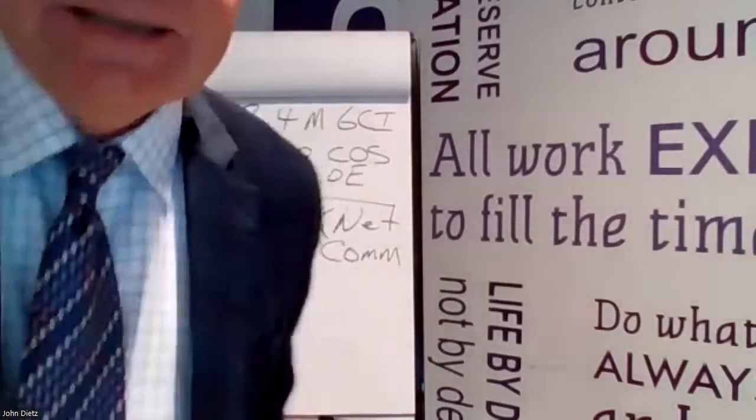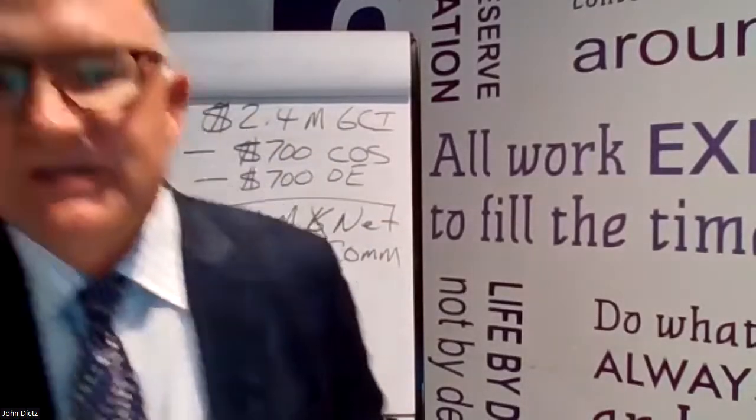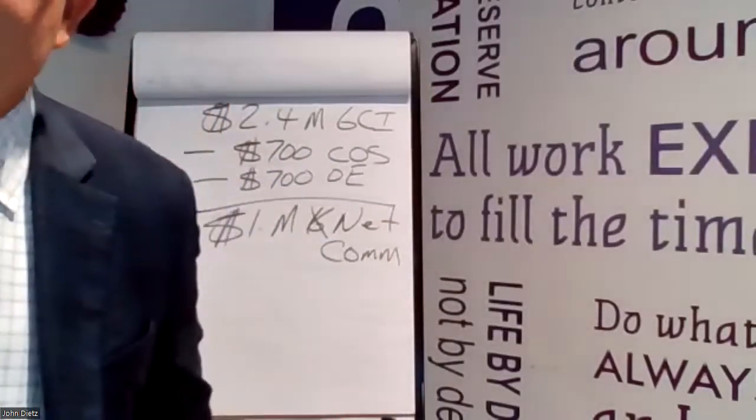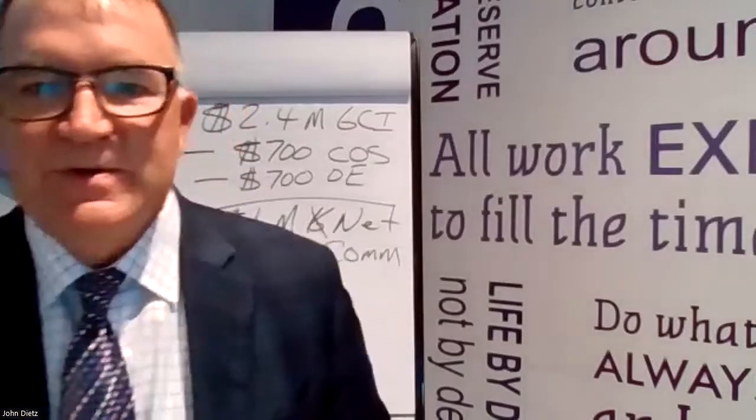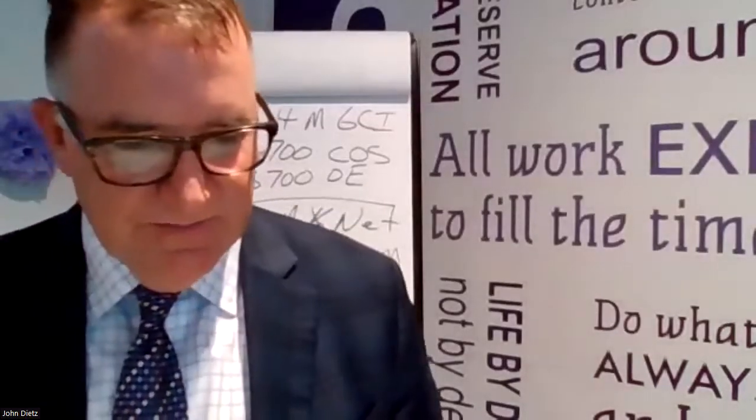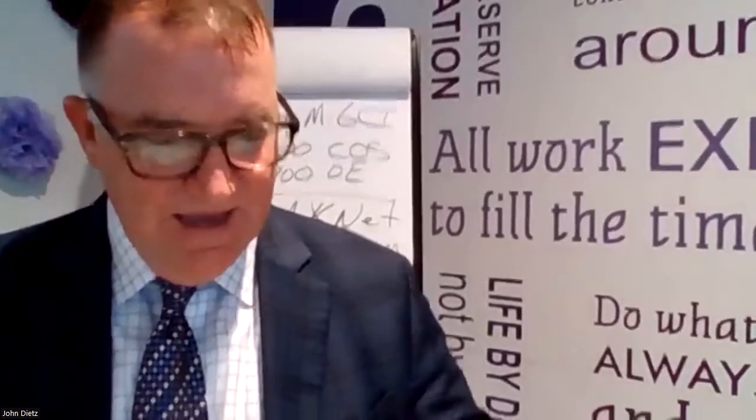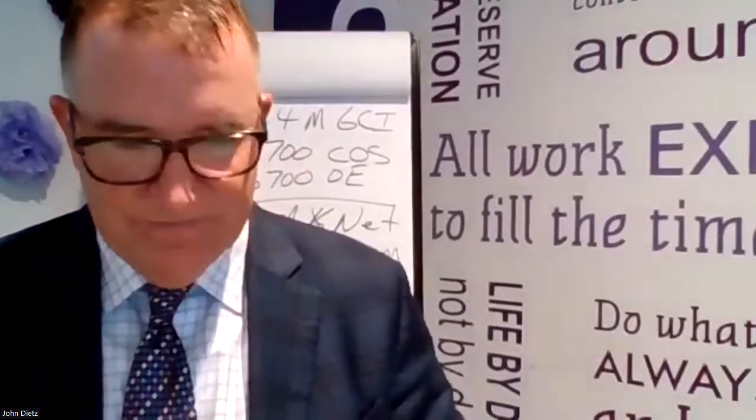If you want to net $1 million, there it is. Gross 2.4 million GCI. You have 30% going to operating expenses, 30% going to cost of sales, and your net income is going to be $1 million. Everybody good on that?